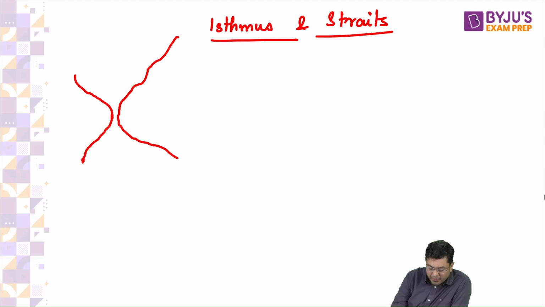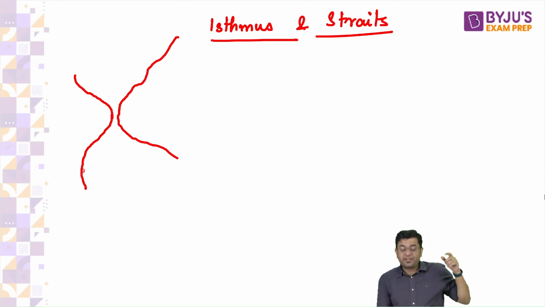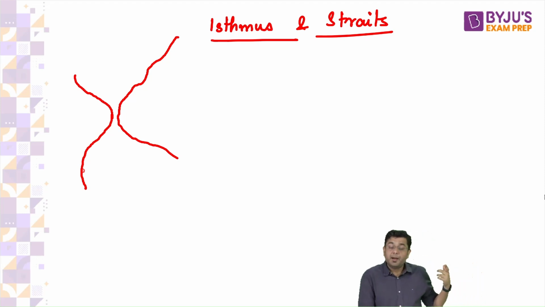So let's suppose here you have a landmass, okay, and another landmass. So here, when you have two such land masses and these are joined by a narrow stretch of land in between, that is what is referred to as an isthmus.